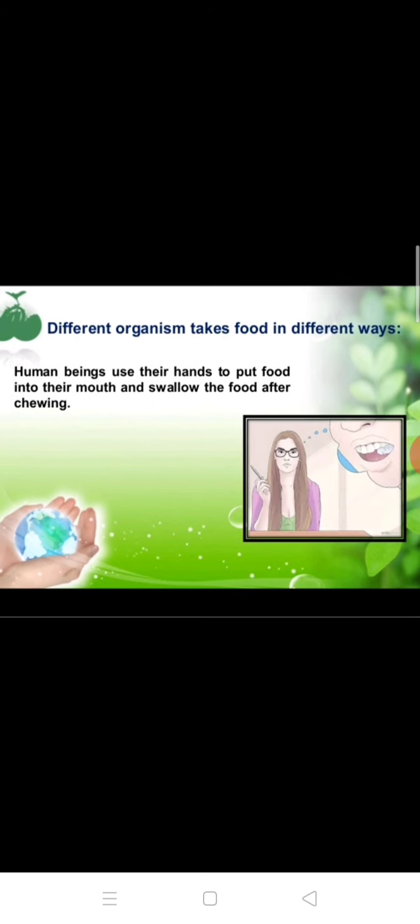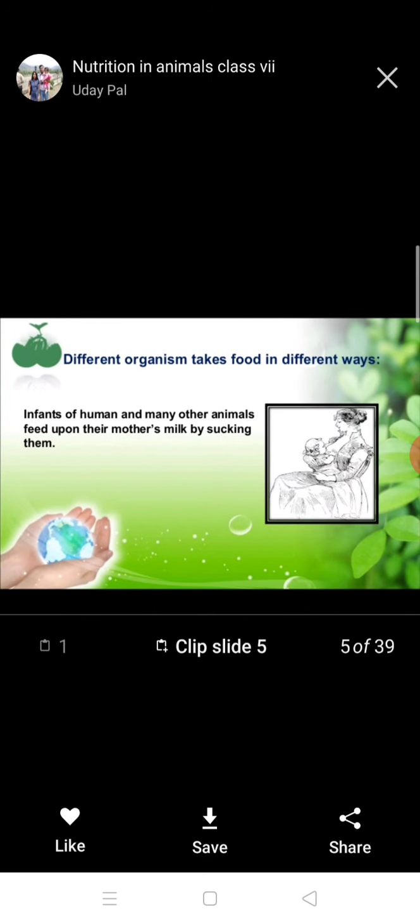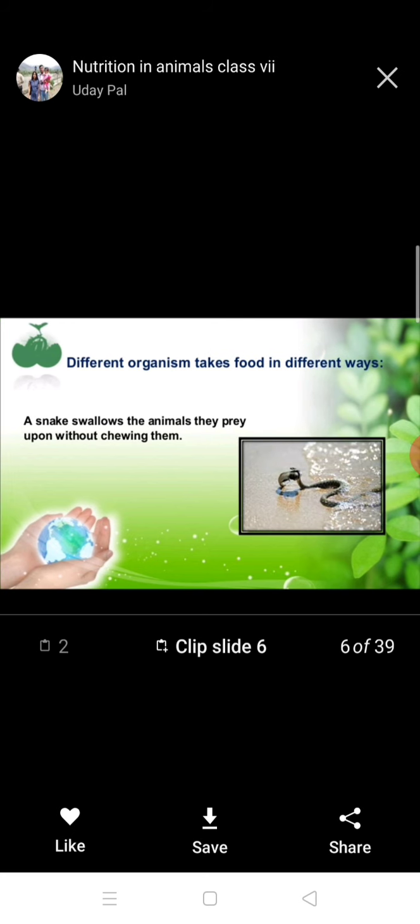Human beings use their hands to put food into their mouth and swallow the food after chewing. But infants suck milk from their mother. So this is their mode of taking nutrition. Infants of humans and many other animals feed upon their mother's milk by sucking.